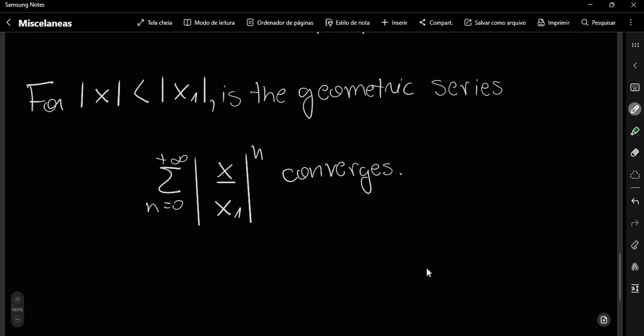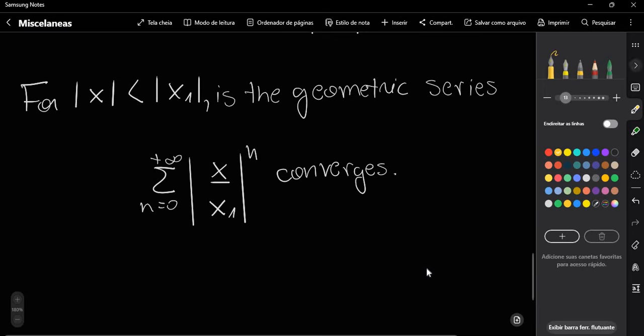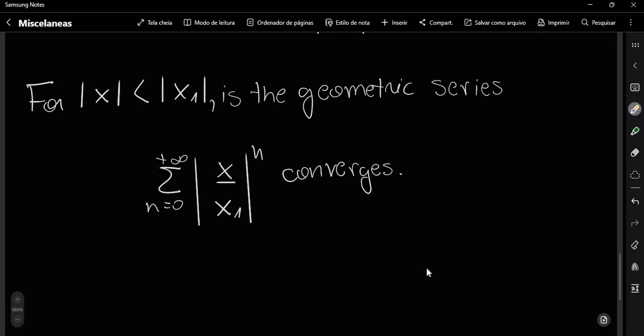So let's also just remember how to write the ratio of a geometric progression.